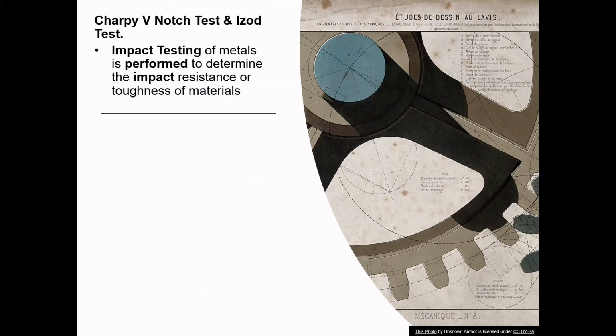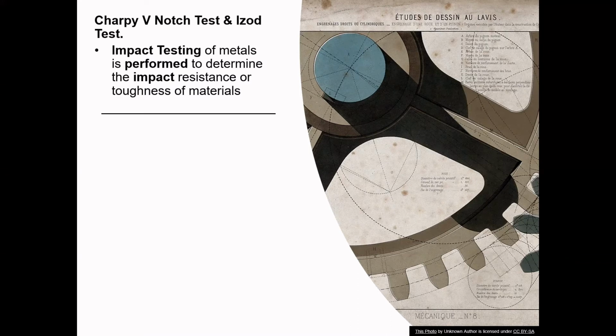So the purpose of impact testing is to determine the ability of a material to absorb energy during a collision. This energy may be used to determine the toughness, impact strength, impact resistance, or fracture resistance of a material, depending on the test that was performed and the characteristic that is to be determined.